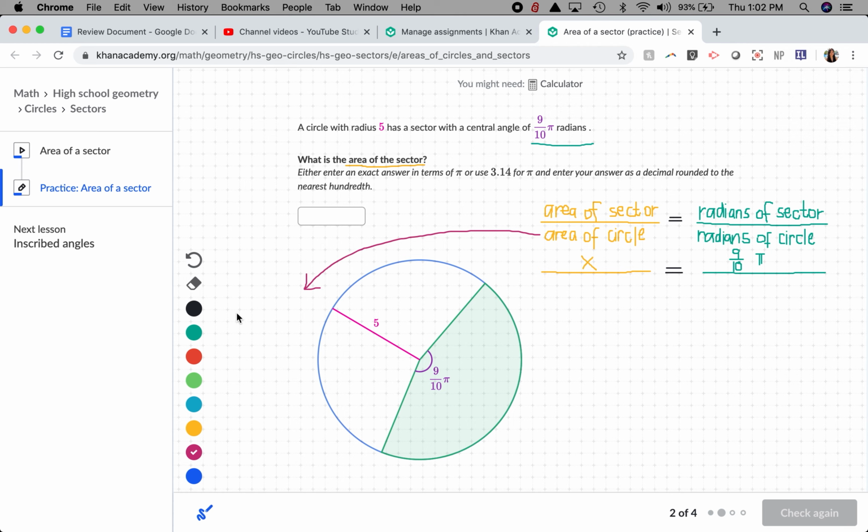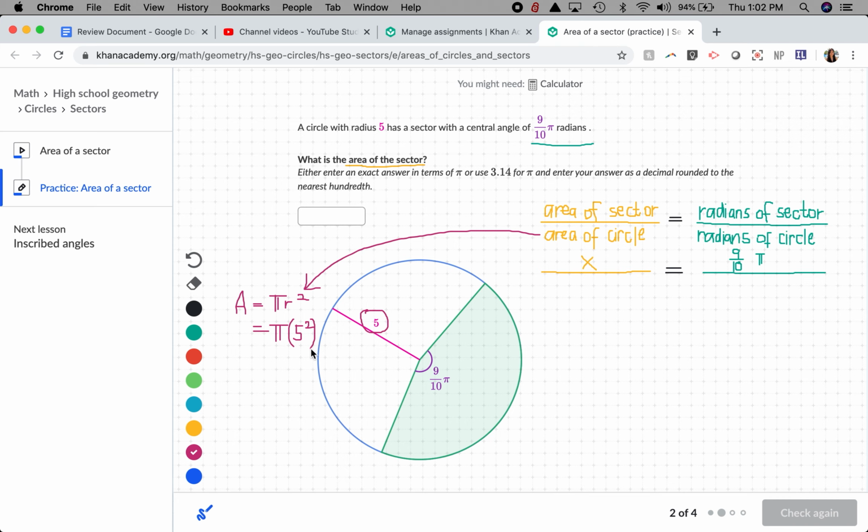Now the area of any circle can be found by this formula, pi r squared. Now if you look closely at the given, we are actually given the radius, which means we will be able to find the exact area of the entire circle. So let's go ahead and plug in. We still have our pi, and our radius again is given to us as 5, and we're going to square that.